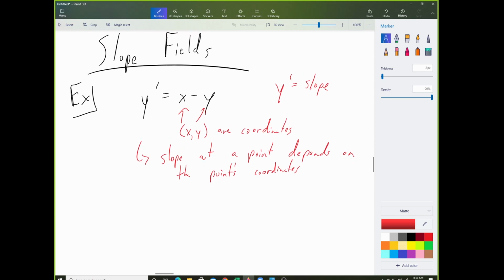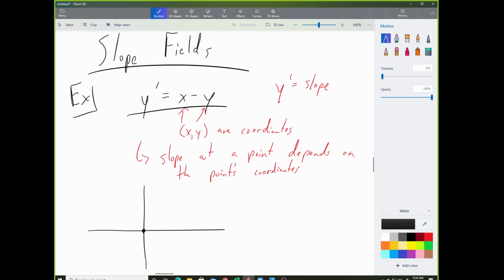So, for example, we're going to use this equation here. And we're not going to do nearly as many lines as we saw before. Let's just do a few basic points.